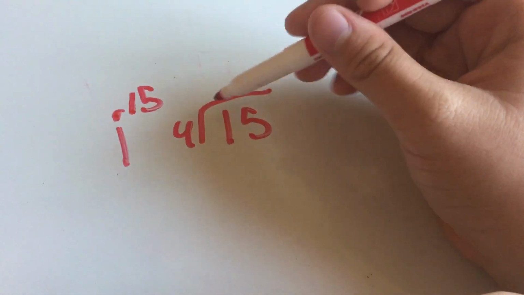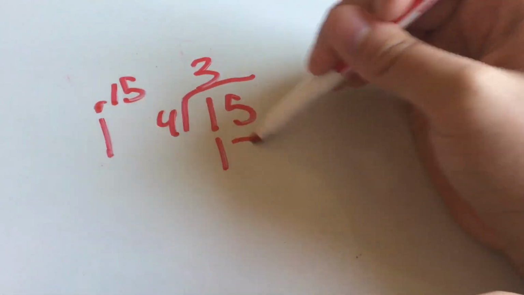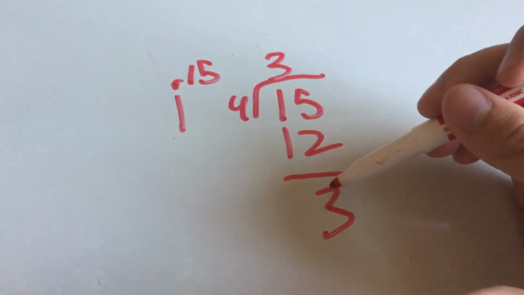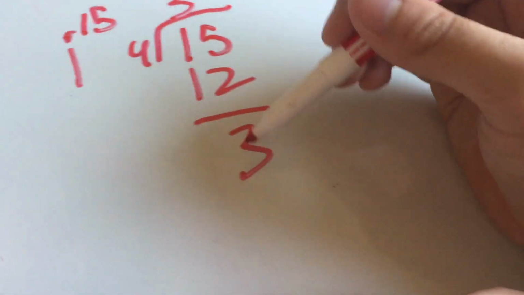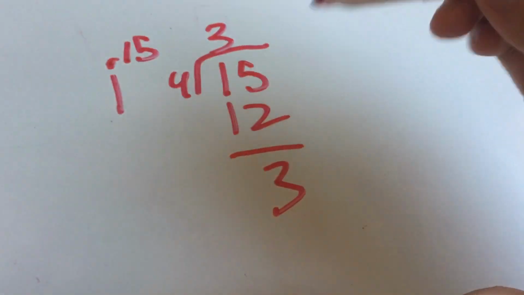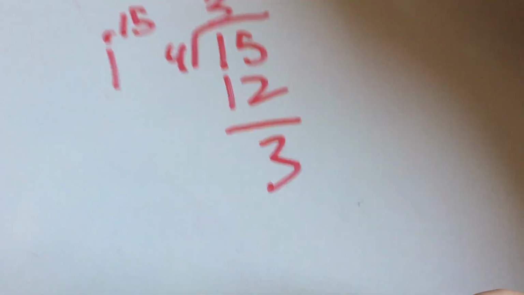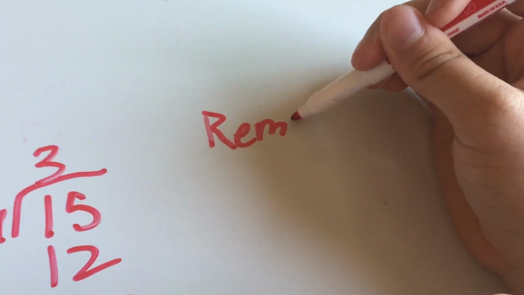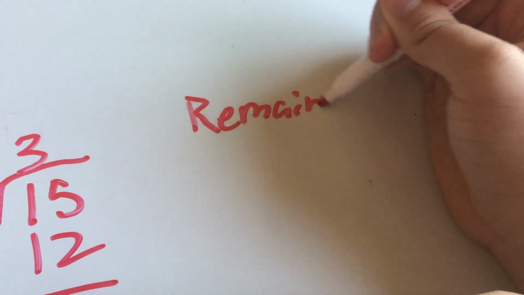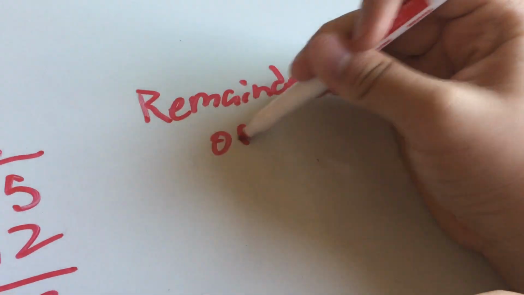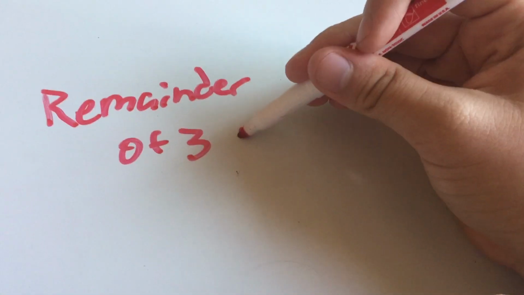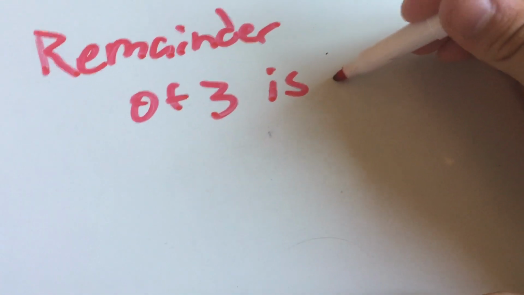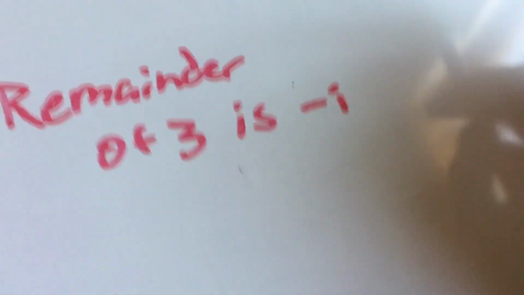You get 3 with a remainder of 3. The remainder of 3 corresponds to negative i.